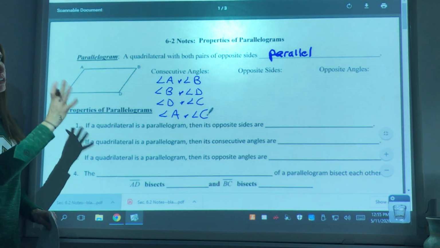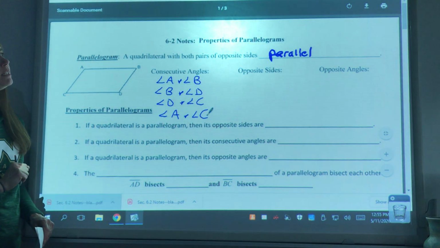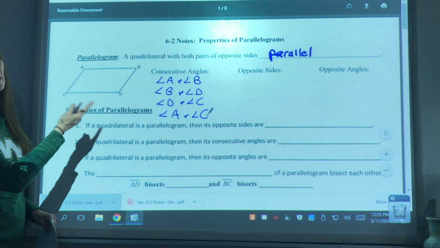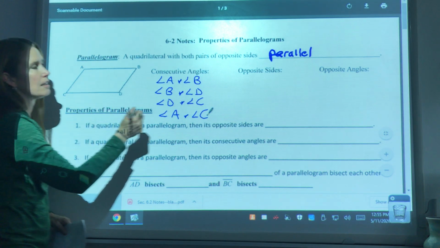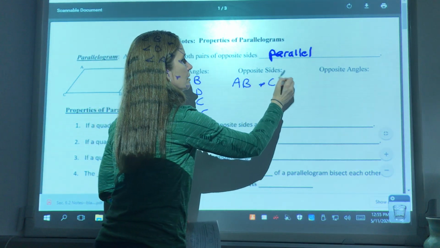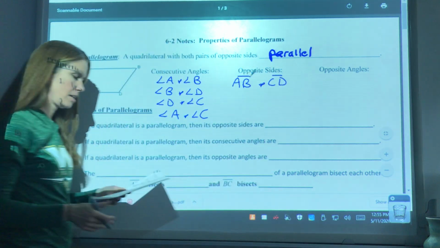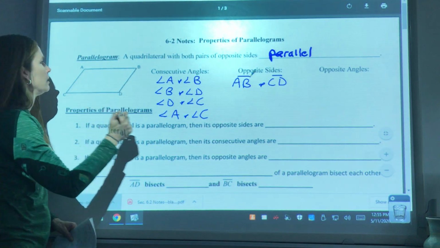It's just good to know the different parts of the parallelogram so then we can talk about them with the different properties in a moment. So the opposite sides are just sides across from each other. So like AB and CD are across from each other. Okay, so that's a pair of sides across from each other, and then AC and BD.